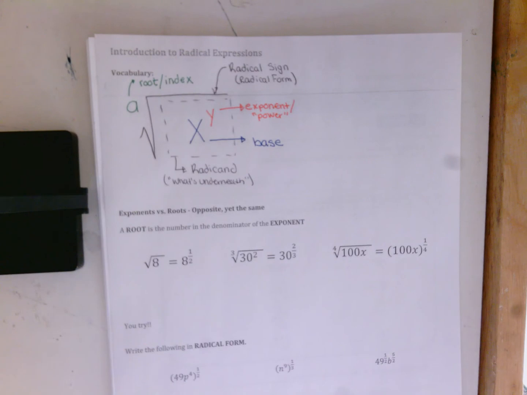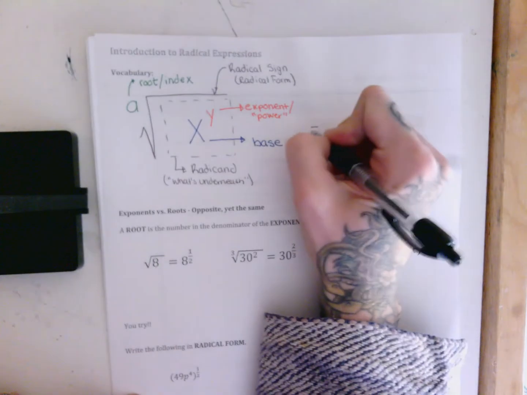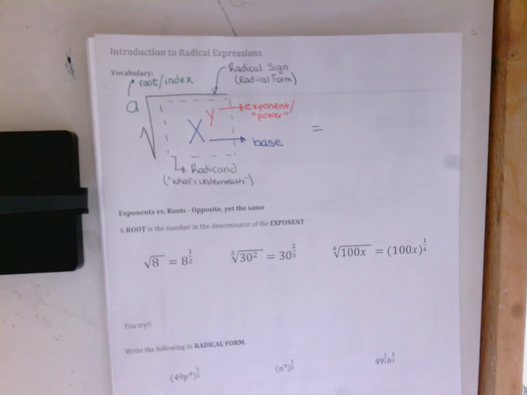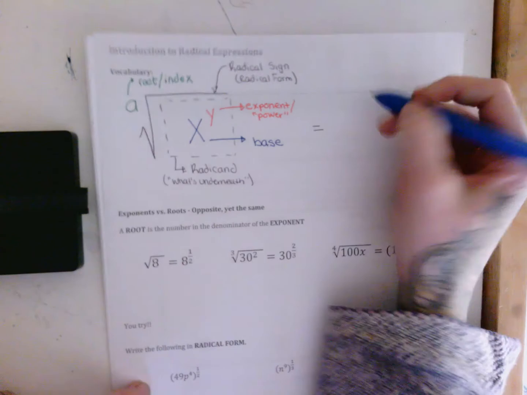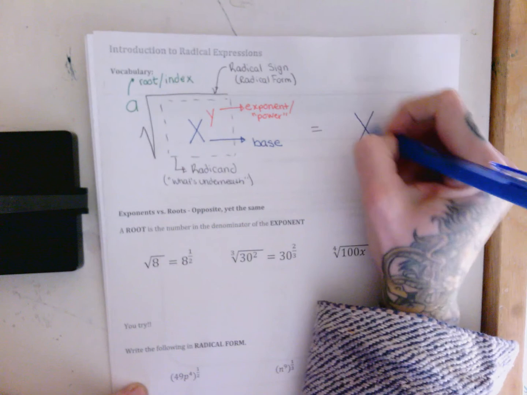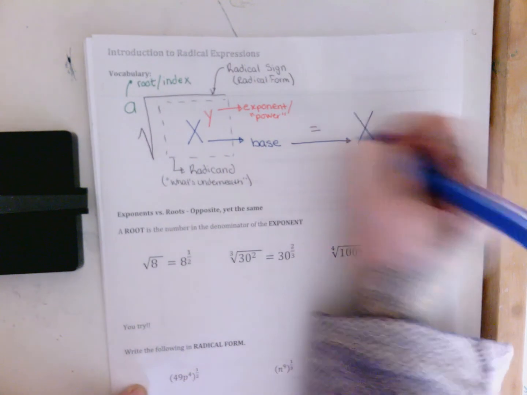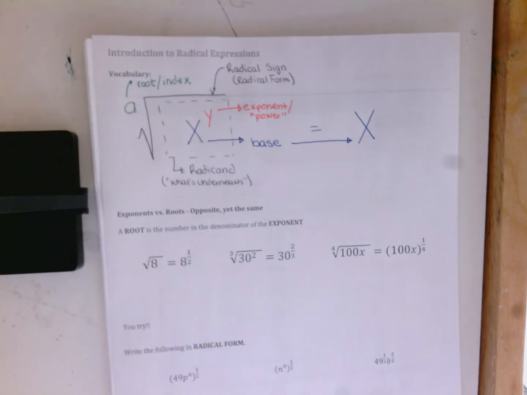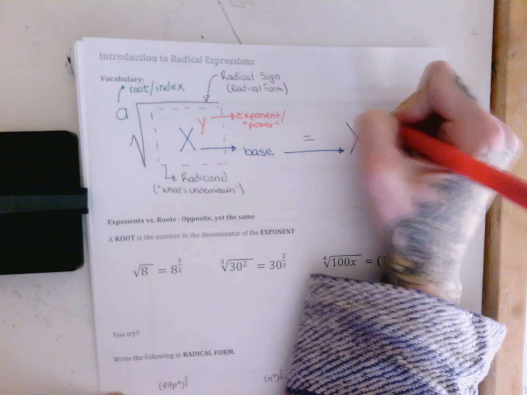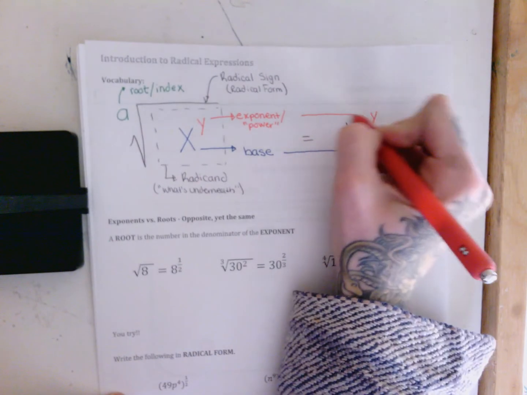So if we were to compare this to exponential form, where we have a base and we have an exponent or power.